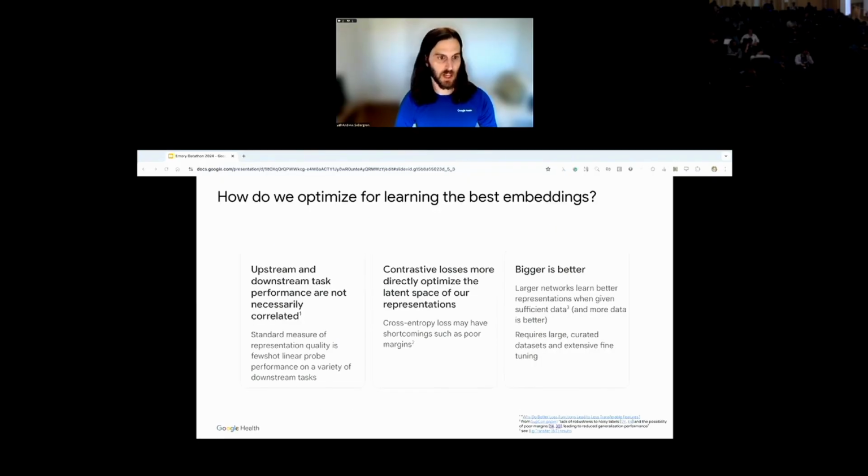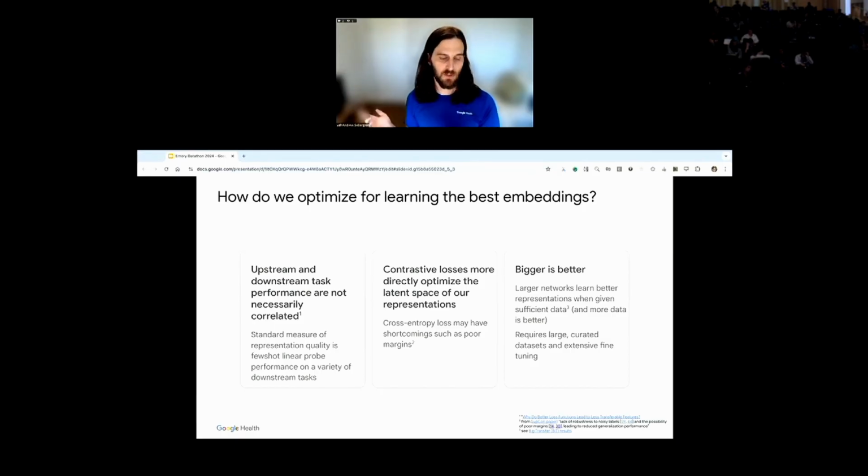I think I'm doing okay on time, but I'll continue on now. So how do we optimize for learning the best embeddings? And that I'll motivate this and then talk about what are embeddings. But a few things to observe is, one is that as I alluded to before, the upstream and downstream task performance are not necessarily correlated.